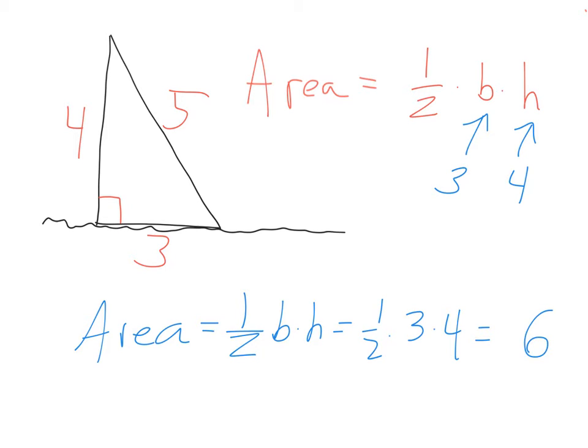And then I go, wait, what are my units? So let's say that we had units of centimeters. I then have 3 centimeters times 4 centimeters, and the half doesn't have units. Centimeters times centimeters is centimeters squared. That's cm squared. All right, and that's how we do area.